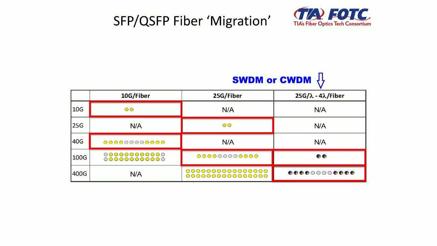And then if I go from parallel, SR4, that's the 3rd row down, 1st column, I can migrate to 25 gig without changing the cable plant. And then ultimately the bottom right, if I use 4 colors in each one of those lanes, I can do 4x and facilitate, if I had a 50 gig line rate, a 400 gig transmission.